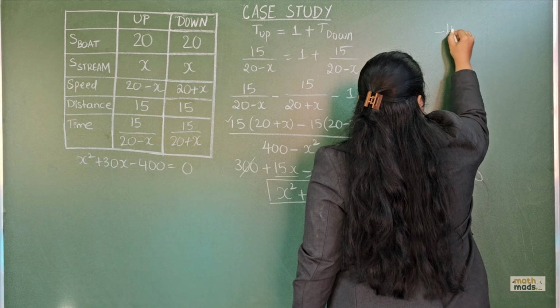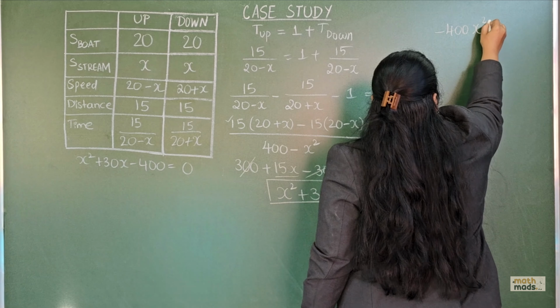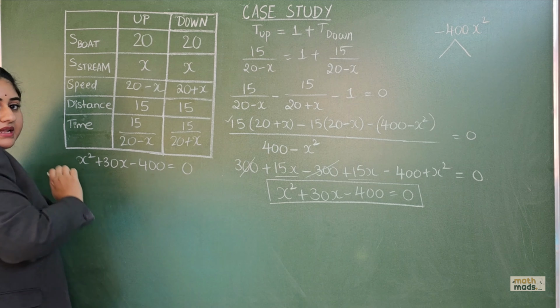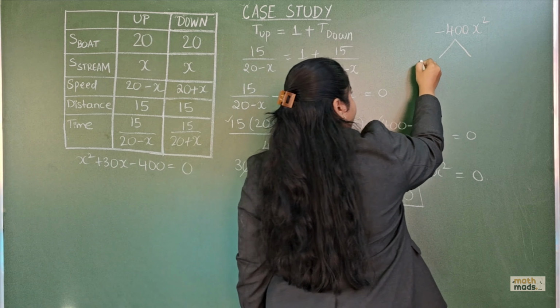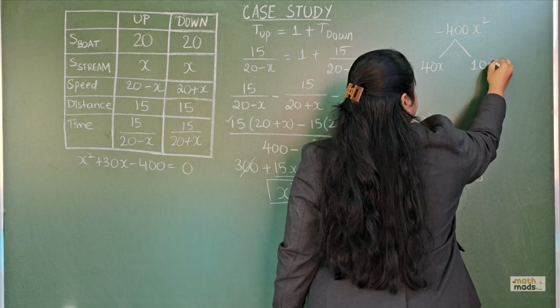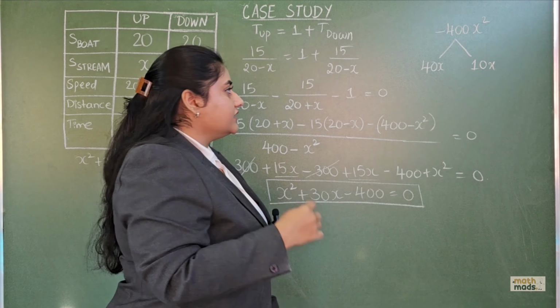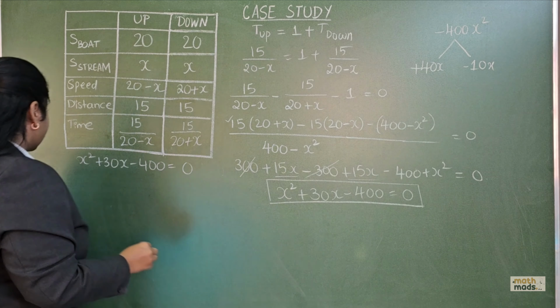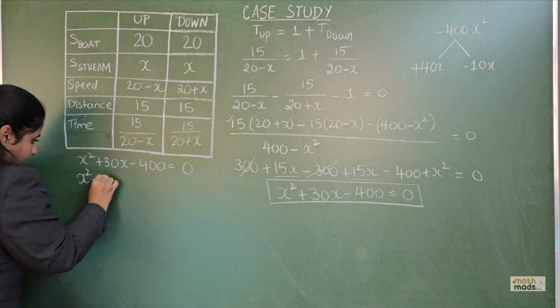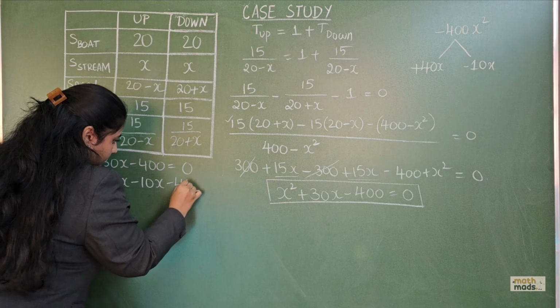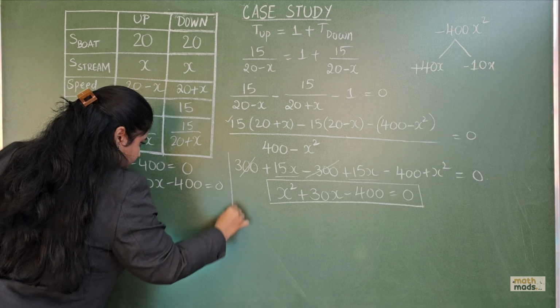Minus 400 x square. Now I need two factors of 400 such that their difference is 30x. So I have two factors 40 and 10 whose difference is 30. But I need positive 30, so I should take plus 40x minus 10x. So x square plus 40x minus 10x minus 400 is equal to 0.